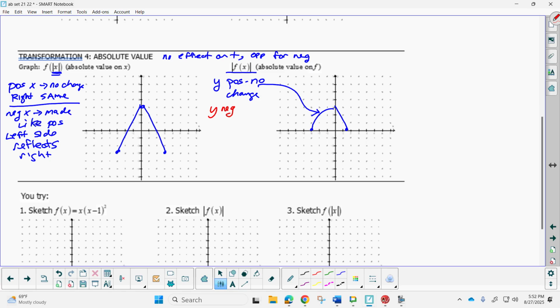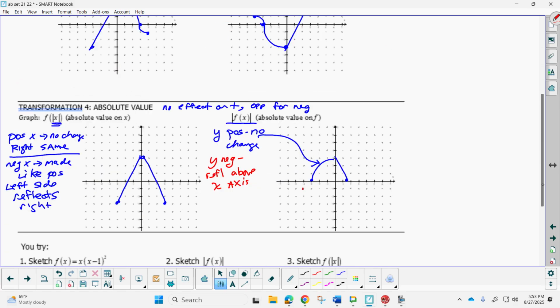But what will happen to them is instead of becoming negative y's, they'll get made positive, and they'll be reflected up above the x-axis.